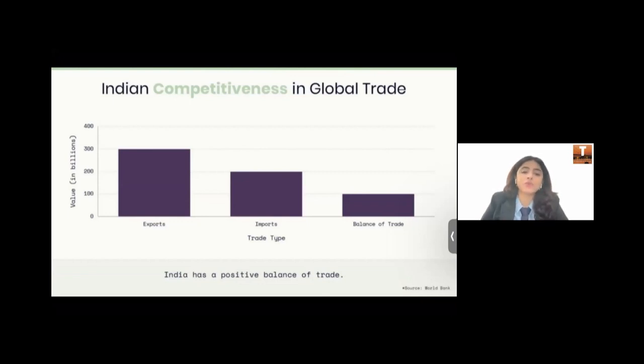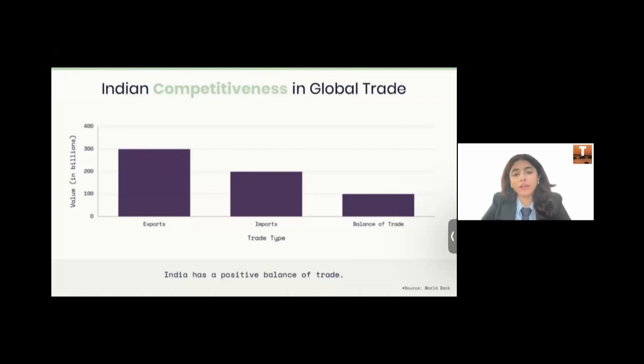Fifth comes the sectoral strengths. India has developed significant strengths in various sectors, including information technology, pharmaceuticals, textiles, automotive, engineering, and services. These sectors have been instrumental in driving India's export growth and global competitiveness. Sixth is the government initiatives.